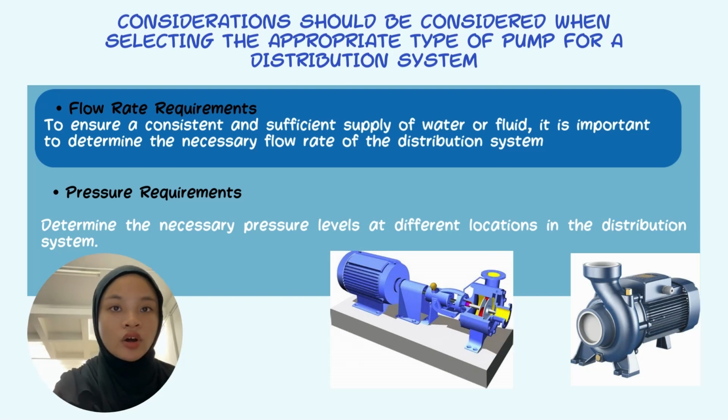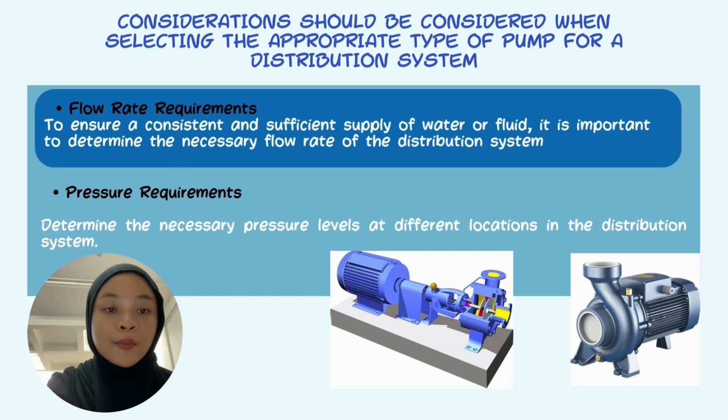So next, the considerations that should be taken into account when selecting the appropriate type of pump for a distribution system. So the first consideration is the flow rate requirements. To ensure a consistent and sufficient supply of water or fluid, it is important to determine the necessary flow rate of the distribution system and ensure the pump's capacity matches the expected demand.